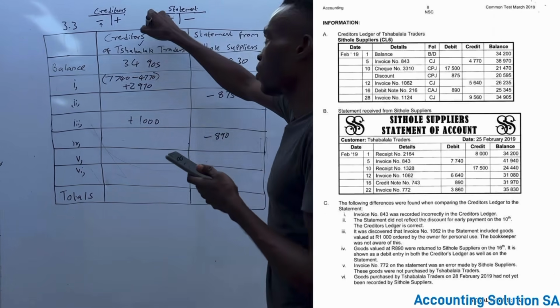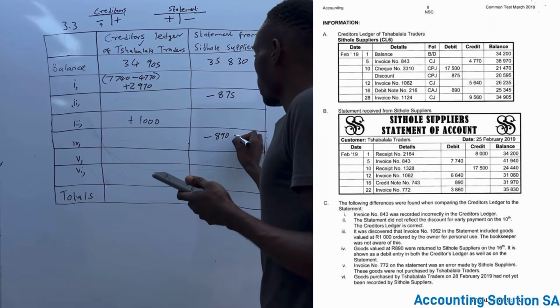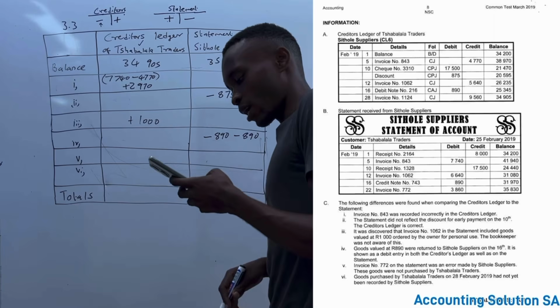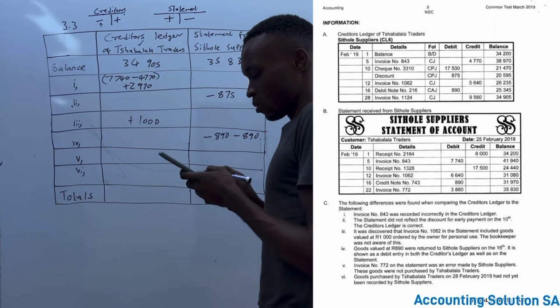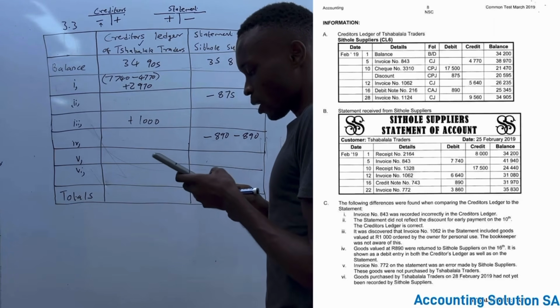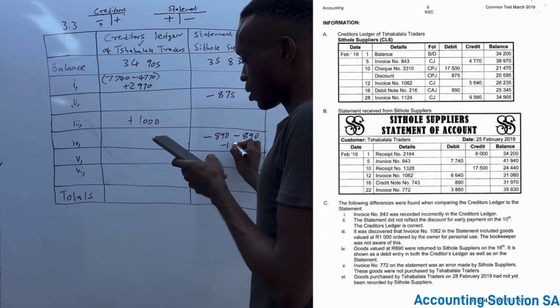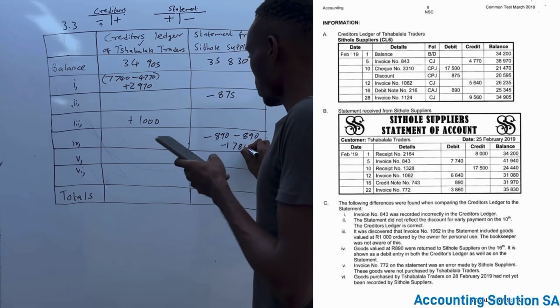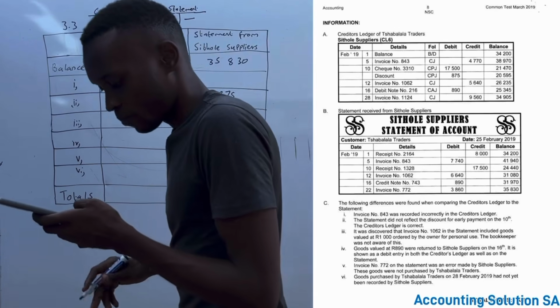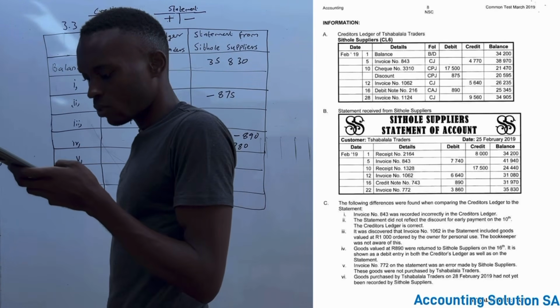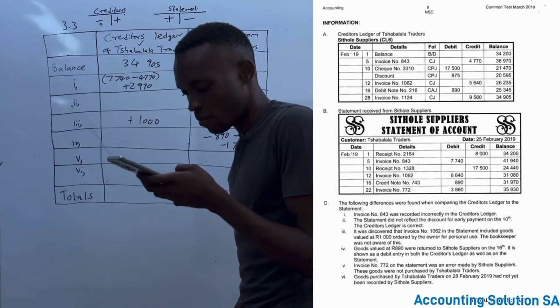We are cancelling the one on the debit, then the other one minus 890 we are recording on the credit side, just like that. Okay, if you add these two, you are going to get amount of minus 1708.